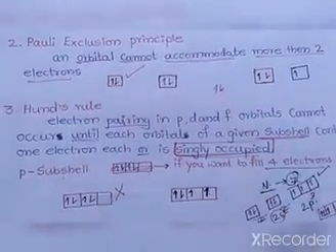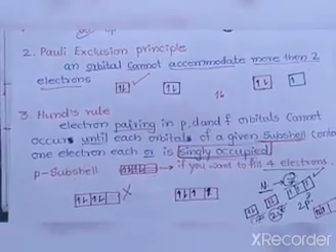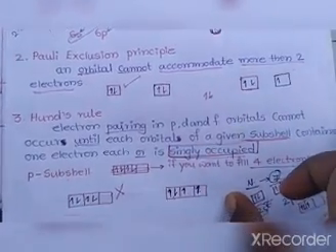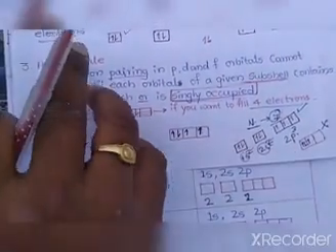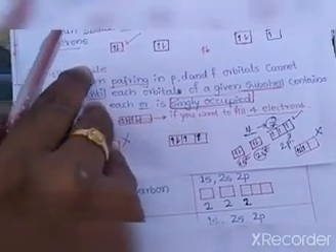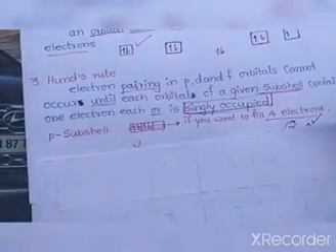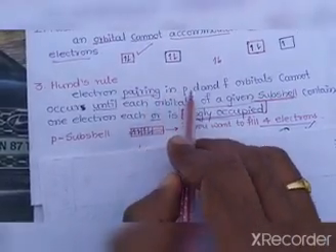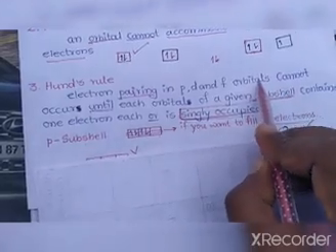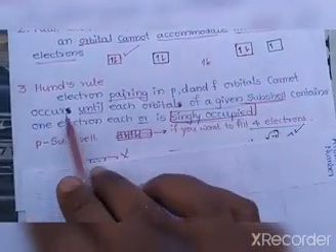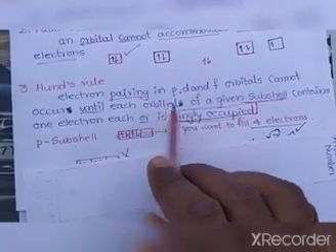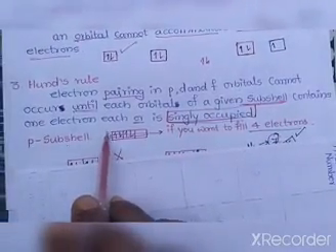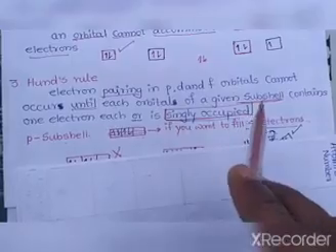Next is the third rule, that is Hund's rule. What does Hund's rule tell? Hund's rule tells that electron pairing in p, d, f orbitals cannot occur until each orbital of a given subshell contains 1 electron each, or is singly occupied.